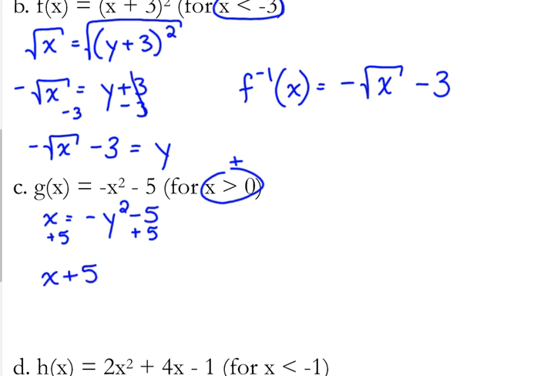x plus 5 is equal to negative y squared. What's next? Can we take the square root yet? Is y squared completely by itself? No. We got to change all the signs, right? We got to divide by that negative 1. So we've got negative x minus 5 is equal to y squared.